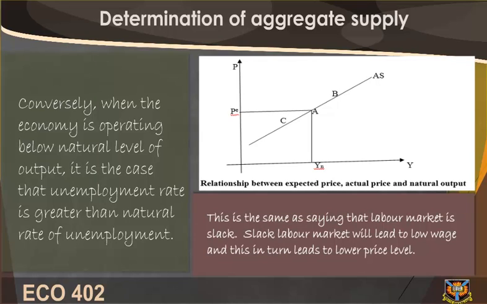Conversely, when the economy is operating below the natural level of output, unemployment rate is greater than the natural rate of unemployment. This is the same as saying that the labor market is slack. A slack labor market will lead to low wages, and this in turn leads to a lower price level.